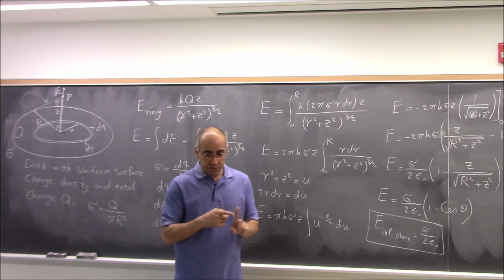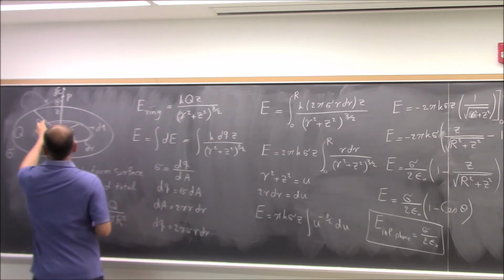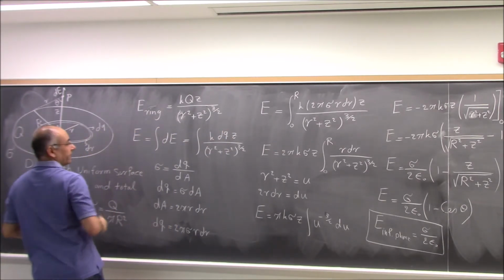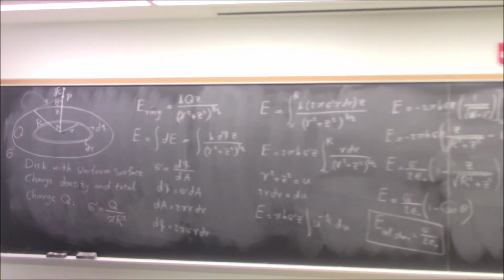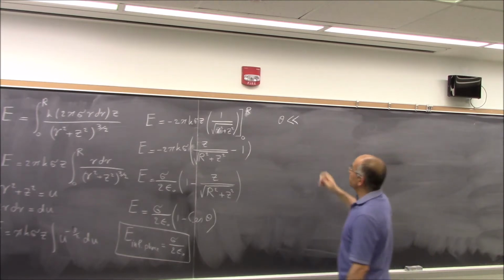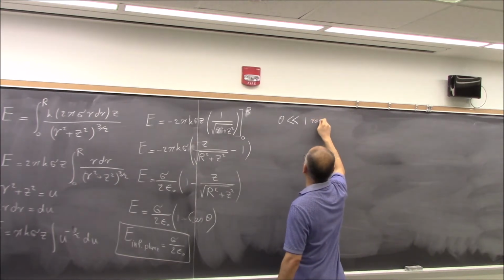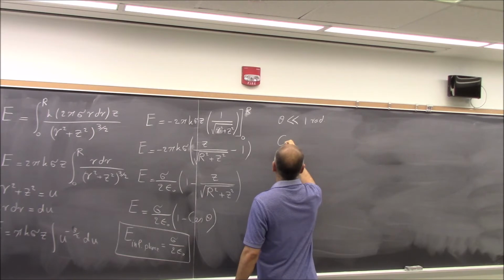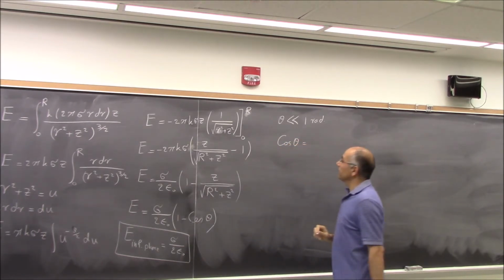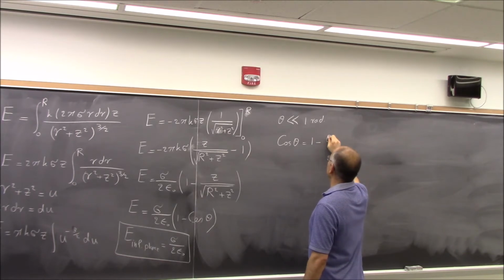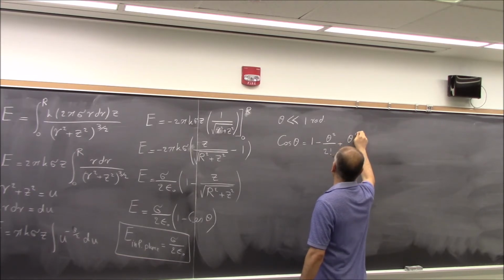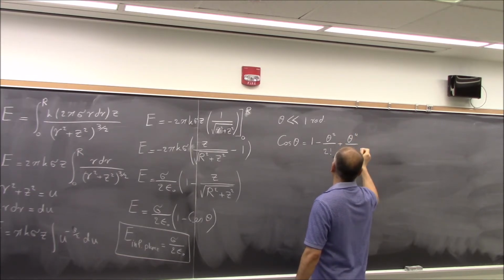And if theta is very small, meaning you shrink this to a point, then you can use the Taylor series for cosine and get a new result. If theta is much less than 1 radian, the Taylor series of cosine theta is 1 minus theta squared over 2 factorial plus theta to the 4th over 4 factorial and so forth.